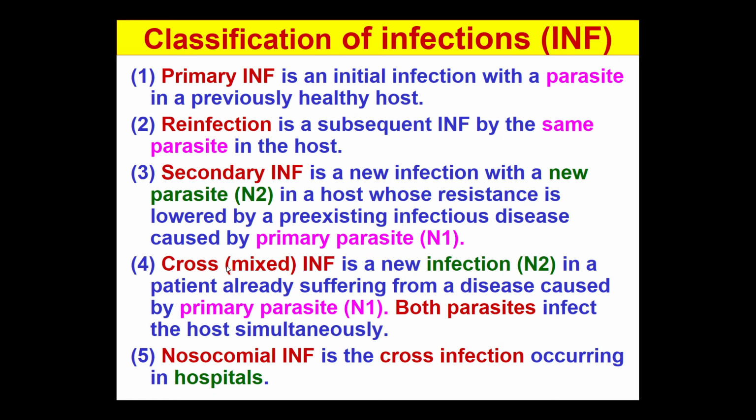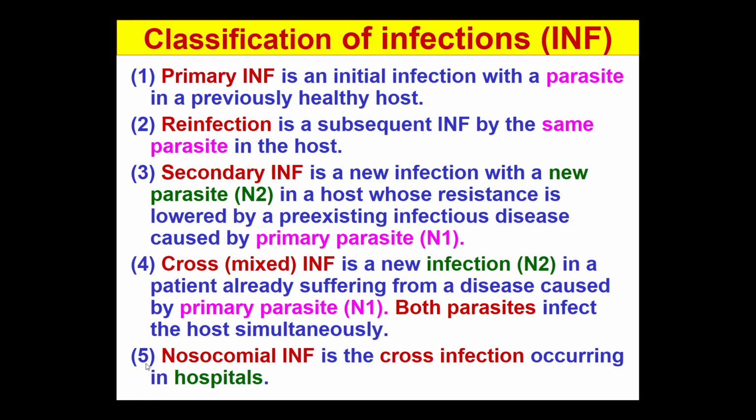In both cases, we say about 2 microorganisms. In the mixed cross infection, we say that both first and second parasite occur at the same time. In the secondary infection, parasite number 1 and parasite number 2 may occur in different periods of life of this patient. But in principle, cross infection, this is a variant of secondary infection.